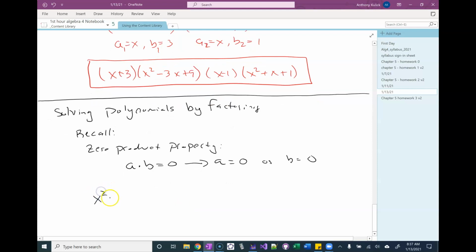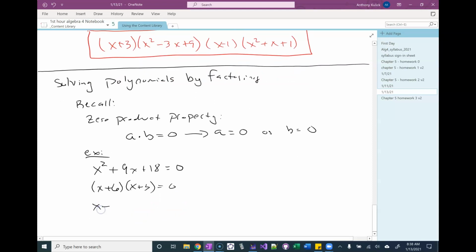So most often last semester we used it to do things like, say for something like x squared plus 9x plus 18 equal to 0. If we could factor this into, say, x plus 6 and x plus 3, we can then take each of these factors and set them equal to 0, and then solve each of these problems separately to get our solutions. Right? You guys remember doing this last semester?